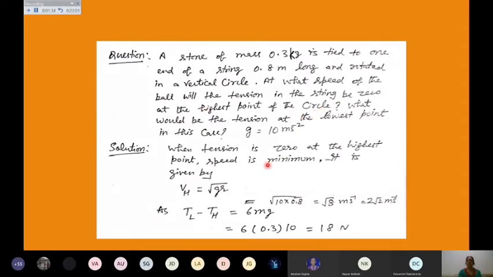It means what should be the speed of the body at the highest point of the circle, and what would be the tension at the lowest point of the circle, that all is to be calculated.